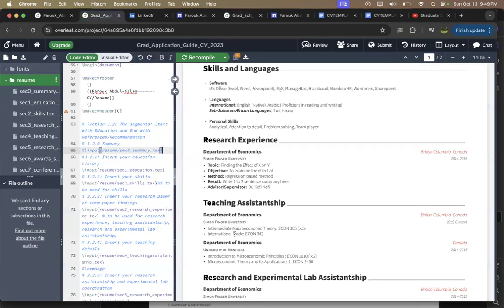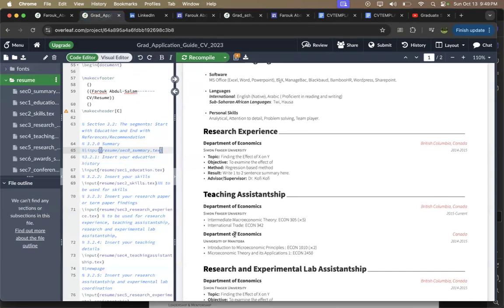Good. Then comes the most important part, which is your research experience, right? Some of you might go like, hey, I just completed my first degree and I don't have any research experience to show for. And I go like, no, that's not the case. It might be the case that during your final year you had a project or a capstone project.